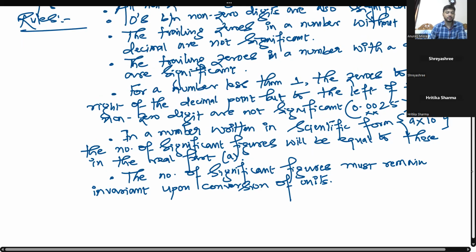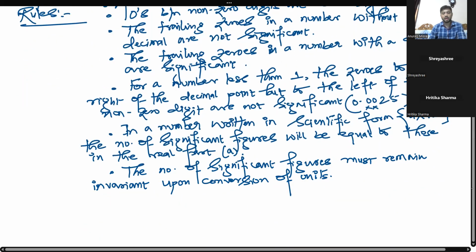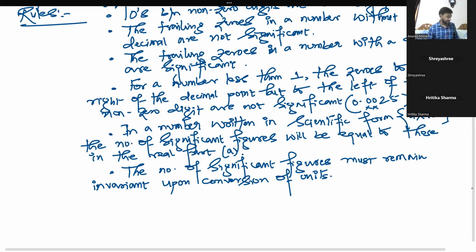So these are some of the rules which are to be followed whenever you want to count significant figures. So now the point is, whenever we want to count significant figures, we have to count them by following these rules.